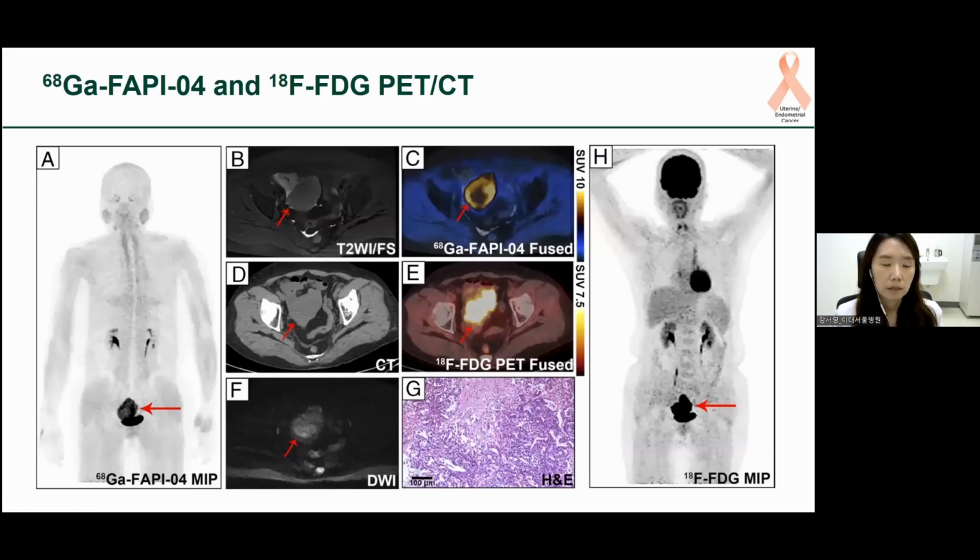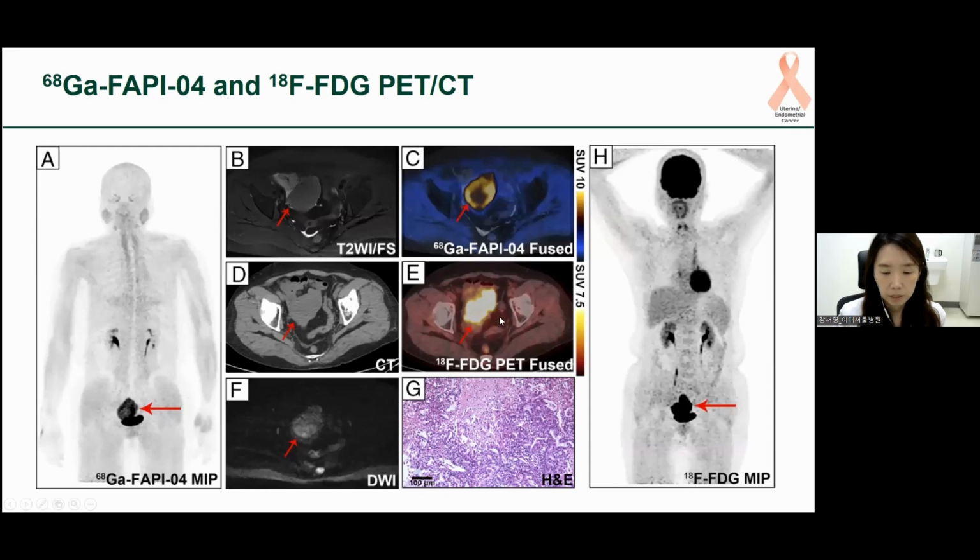Next, as with cervical cancer, I'd like to show FAPI PET imaging in evaluating uterine cancer. This is a postmenopausal woman who was examined because of elevated tumor markers. Gallium FAPI PET showed diffuse, elevated uptake in the uterus here.